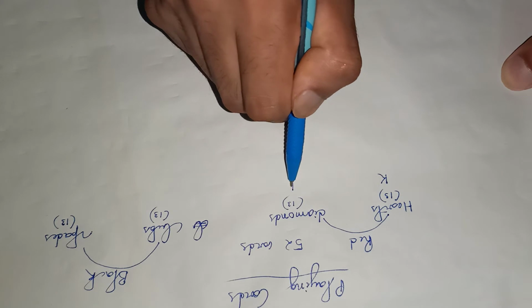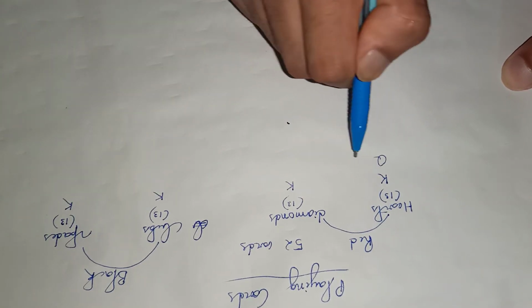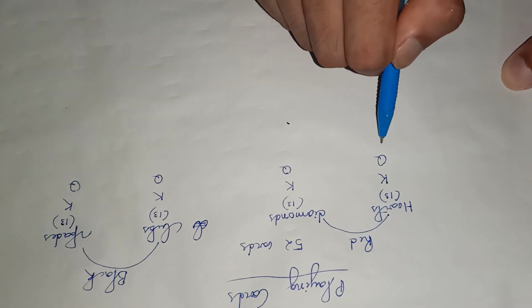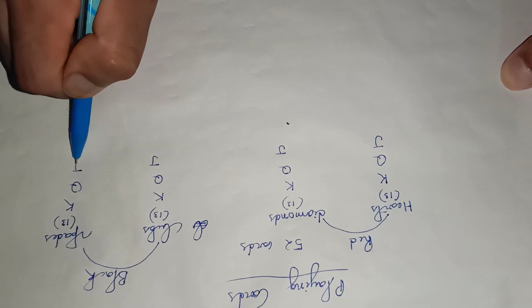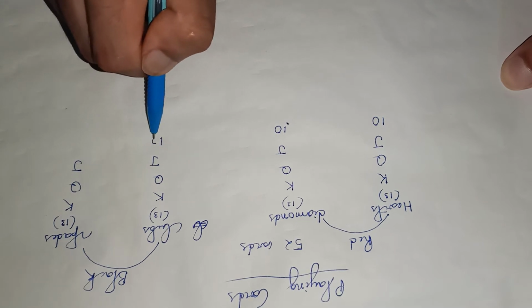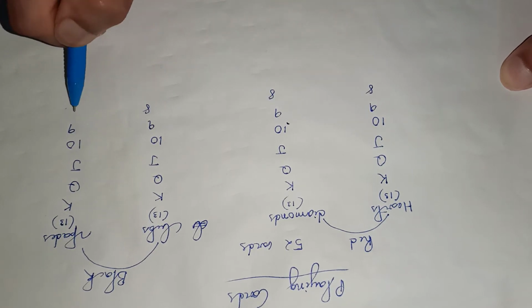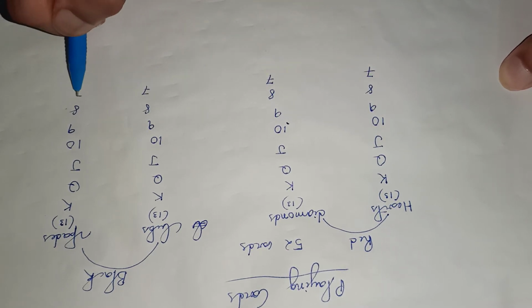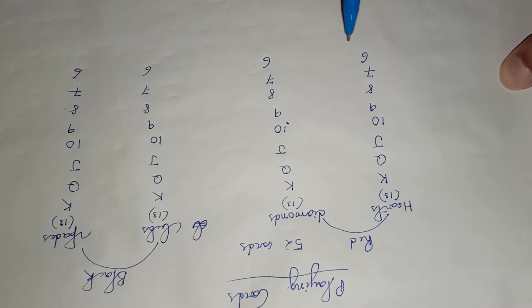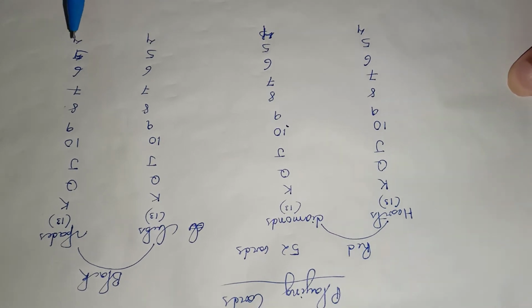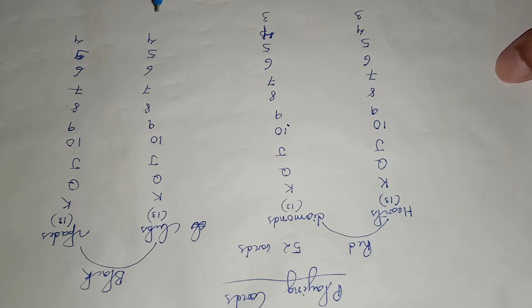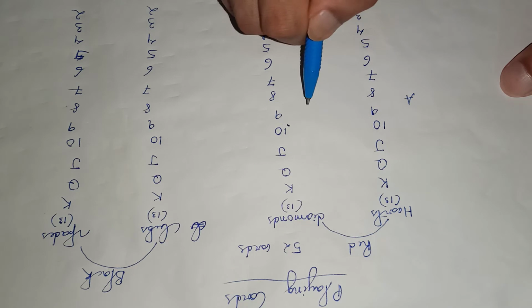All of these suits have 1 king each, 1 queen each, 1 jack each, 1 number 10 each, 1 number 9 each, 1 number 8 each, 1 number 7, number 6, number 5, number 4, number 3, 1 number 2 each, and each of them has 1 ace card each.